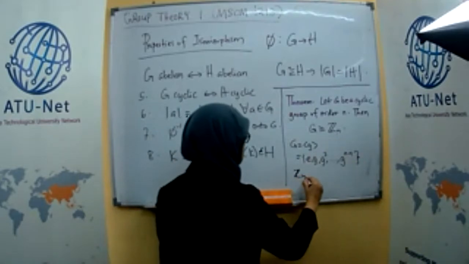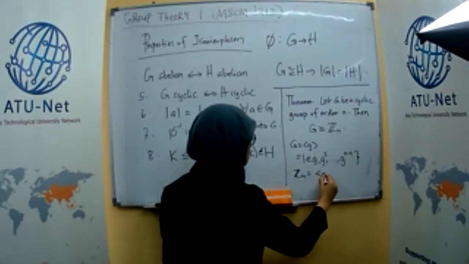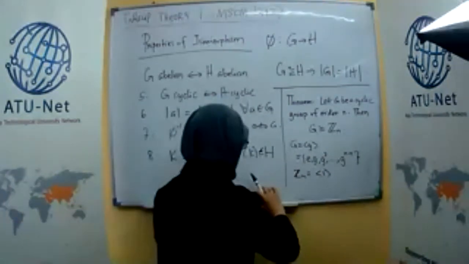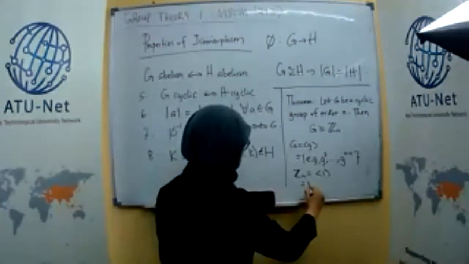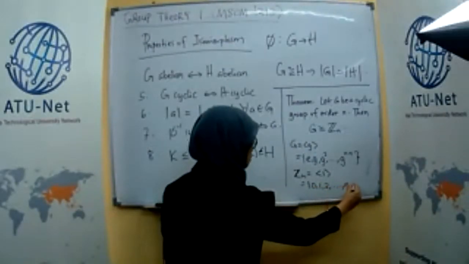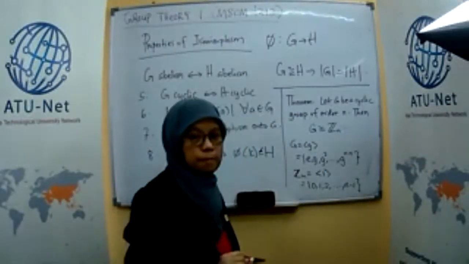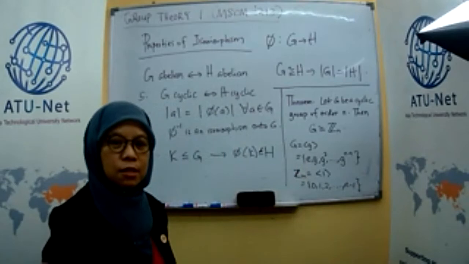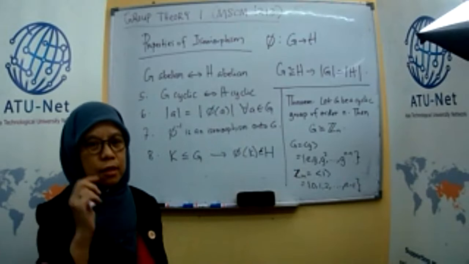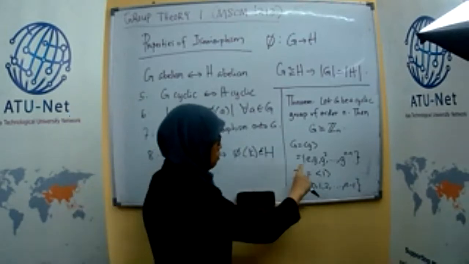Zn is generated by 1, with elements 0, 1, 2, until n minus 1. You can still see at the bottom, right? Okay. Now you see, you map.